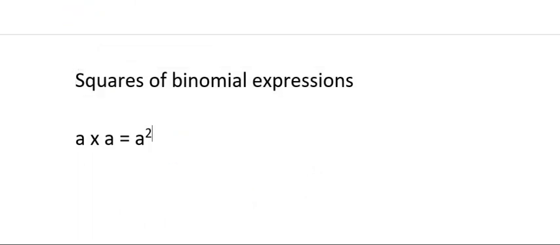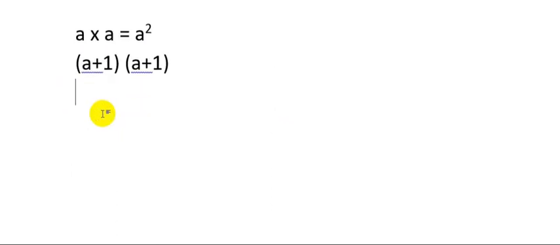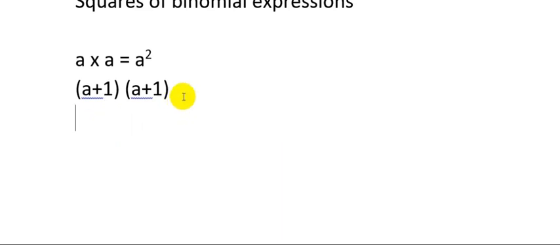So if I advance this question a little, let's say a plus 1, which is one algebraic term. I'm going to multiply by a plus 1 again. You can follow the same rule as we did for the previous examples.